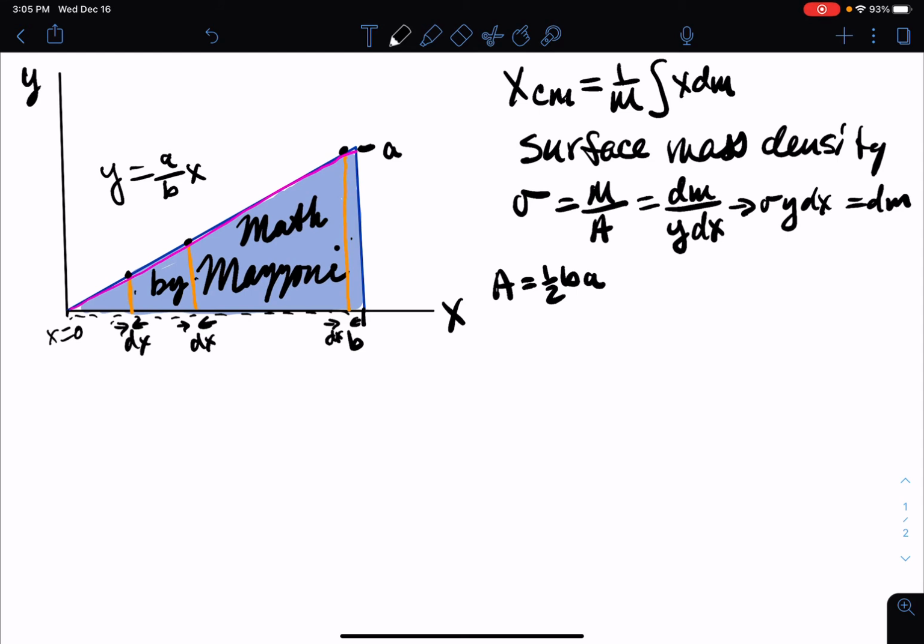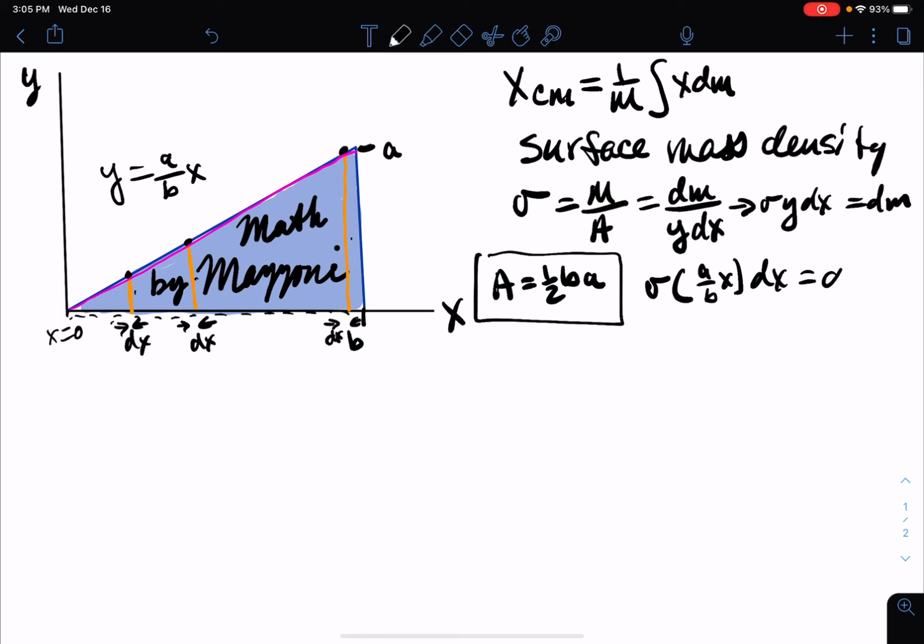So we already found a way to relate dx and dm, but we need to get rid of that y in there. So that means, and we're going to keep this in a little box because I don't want to lose it, sigma times A over B times x dx equals dm, or let's simplify this a little, A sigma over B x dx equals dm.